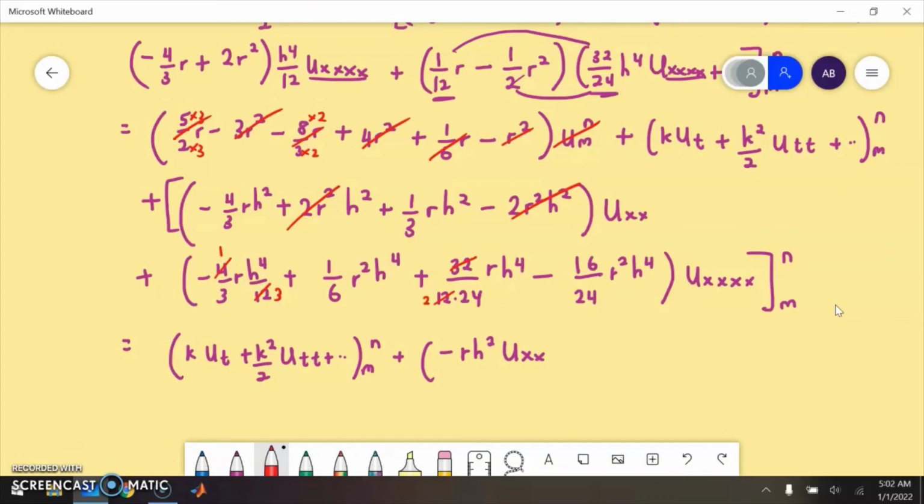Now we can divide by 4: 6 divided by 4 is 3, 32 divided by 4 is 8, 8 divided by 8 is 1, 24 divided by 8 is 3. So negative 1 over 9 r h to the 4 plus 1 over 9 r h to the 4. So this term cancels out. That's good.